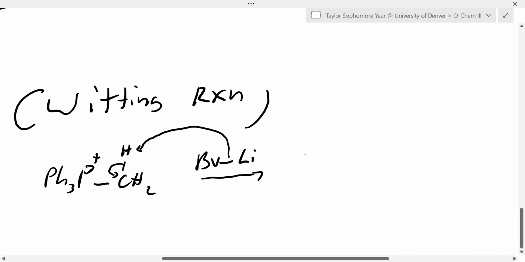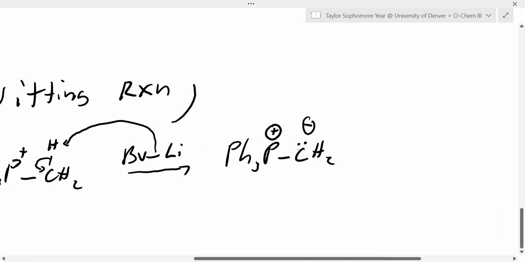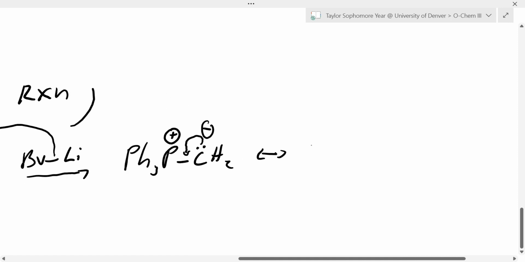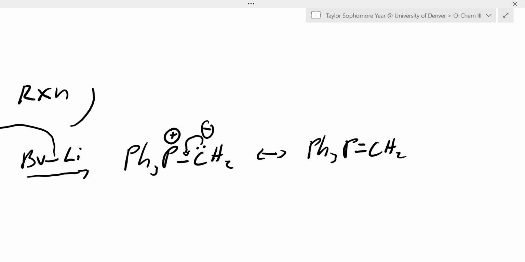With that said, we'll now have PPh3 CH2 minus, because we have another set of electrons, and it's still plus here. However, we can form a double bond, a resonance structure, by putting these electrons onto the bond, creating PPh3=CH2. And that is an example of a carbonyl group reaction, the Wittig reaction.